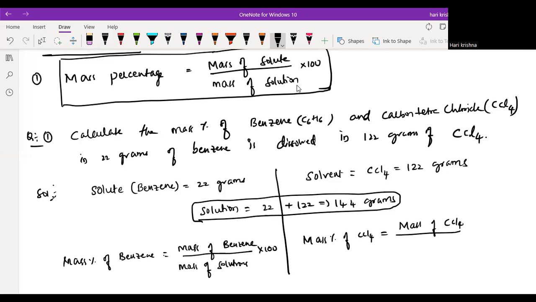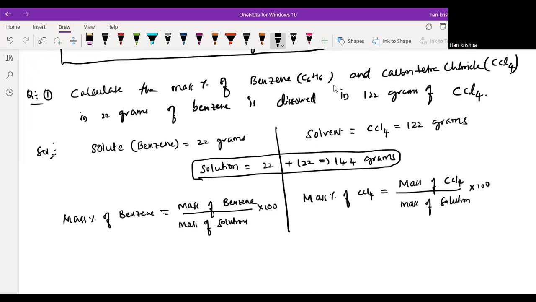Mass of CCl4 by mass of solution into 100. So just do this. It is equal to, what is the mass of benzene? 22. The mass of solution 144 into 100. What is the final answer? Tell me.